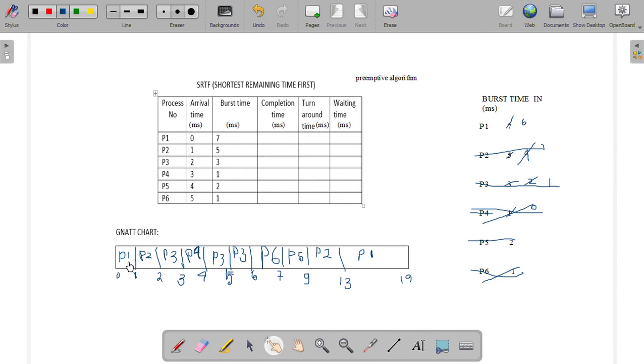You can see process P1 has come for 0 to 1 millisecond, and again process P1 has come at 13 to 19 milliseconds. So actually process P1 has completed its execution at 19 milliseconds. So we will write here the completion time for process P1 is 19. Okay.